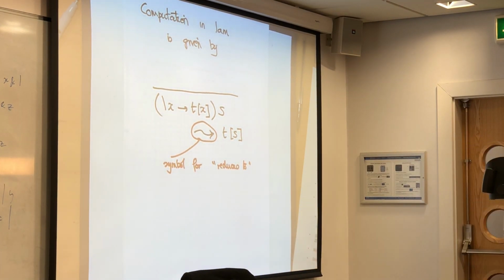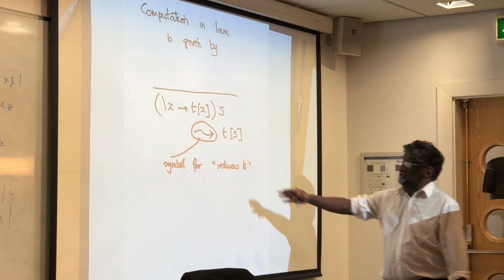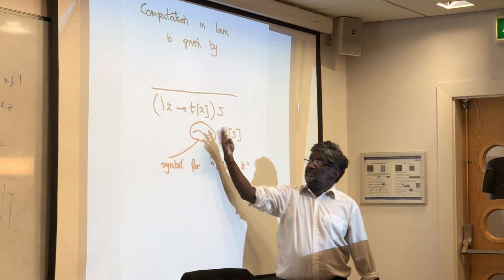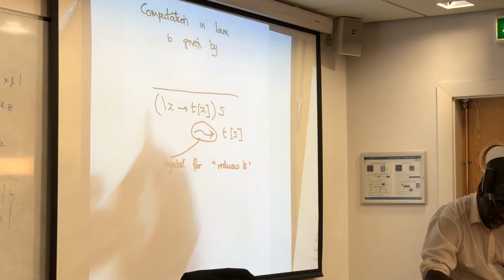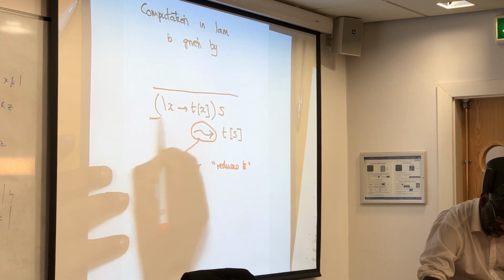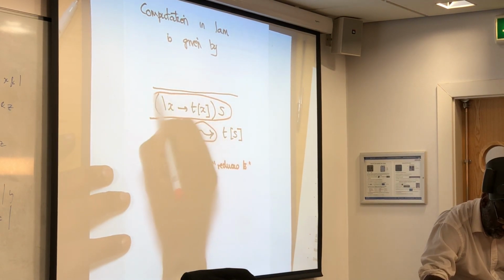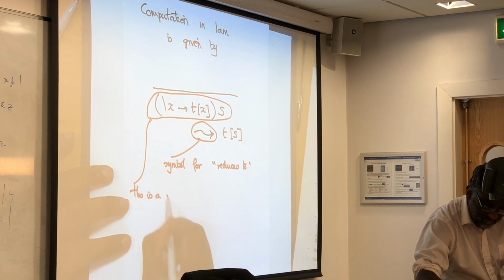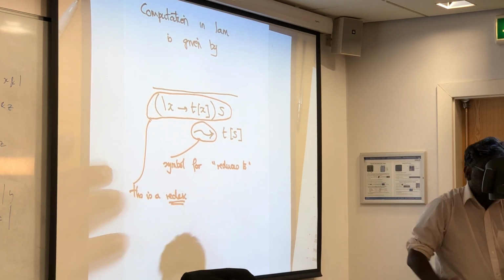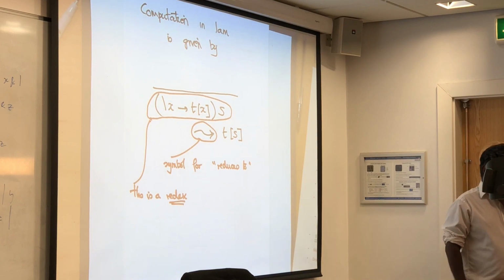So we did big step semantics, we had the vertical arrow, and we talked about evaluates to. We just say this reduces to. So this term reduces to this term. Okay? And then this is a redex. So I introduced the term redex in the homework previously.